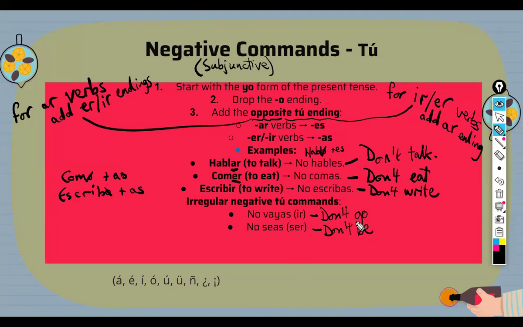So you might say to your friend, no seas tonto, don't be silly. No estés, again, don't be. No des, don't give.